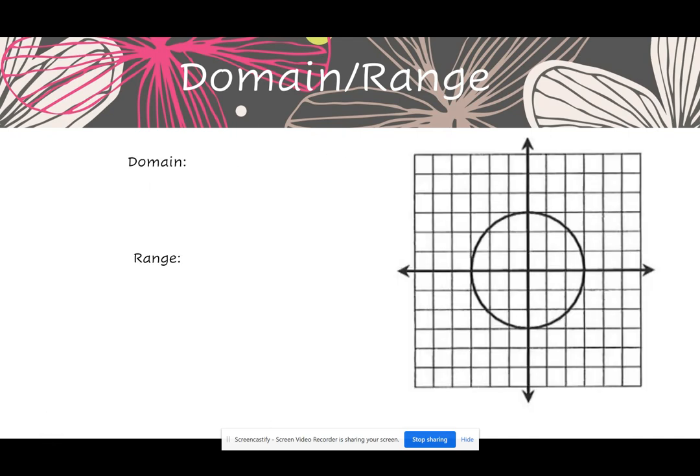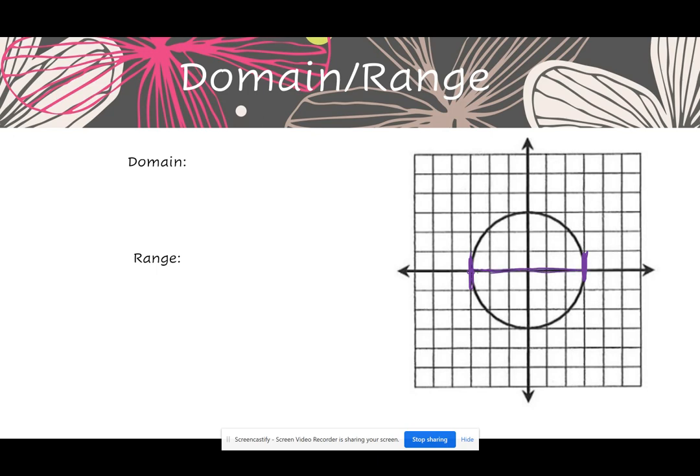Now, sometimes for domain and range, you're going to have a graph like this one, and you're going to write intervals. So you're going to find where your graph starts horizontally. We're only looking from left to right, not up and down, for the domain. So I see that it starts here, and if I keep my pen on this table, I'm going to trace it and it ends here.